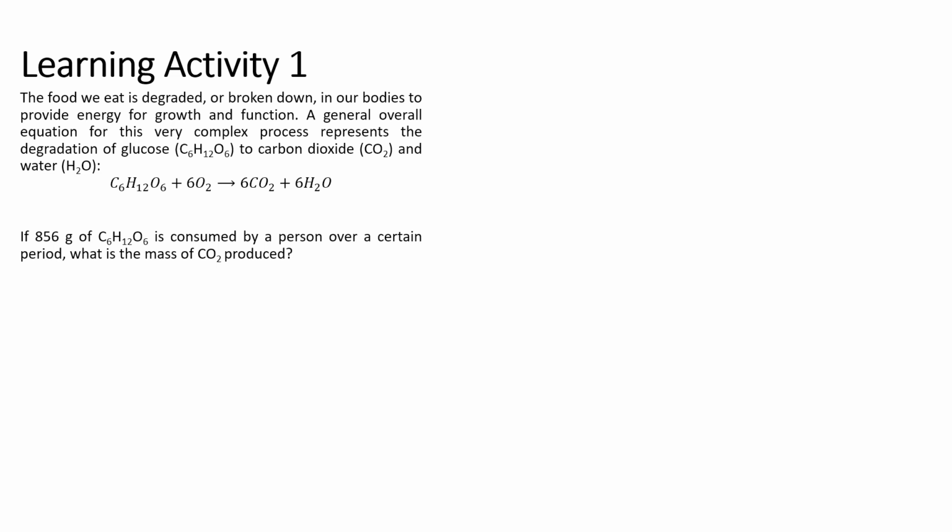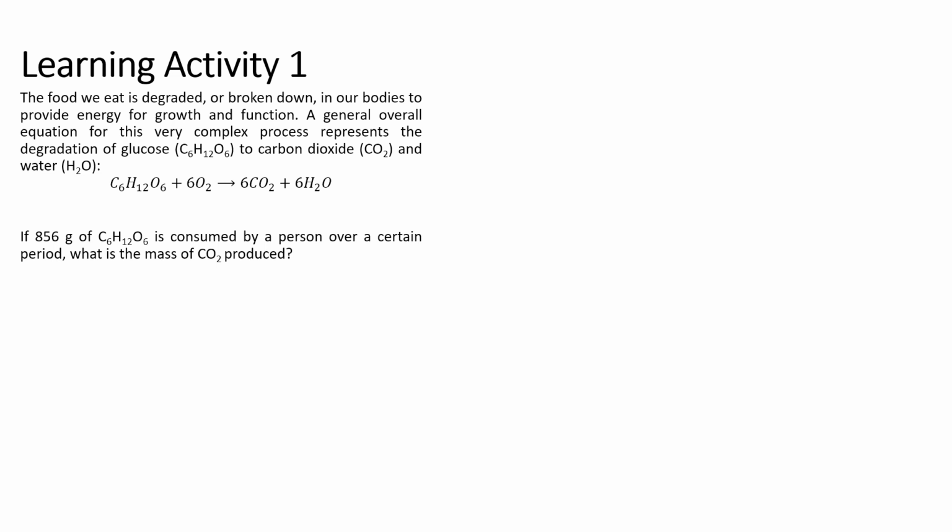So let's try to solve a problem regarding calculations based from chemical reactions. So, learning activity 1, the food we eat is degraded and broken down in our bodies to provide energy for growth and function. The general overall equation for this complex process represents the degradation of glucose, C6H12O6, to carbon dioxide and water.